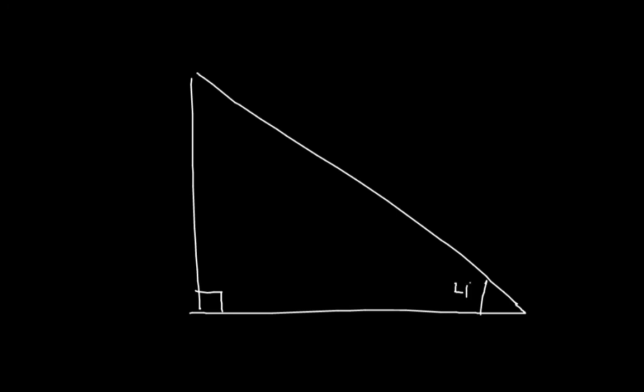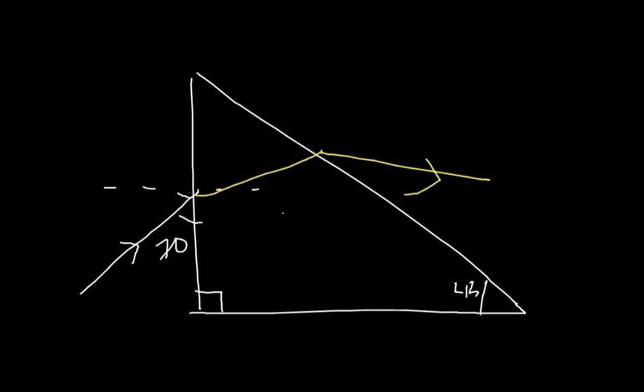The last question was something like this, I guess. This is 90, this is 45, isosceles again, and it is hitting at a 70 degree angle. 70 means it will bend a little bit inside, meaning it will go something like this, then like this.